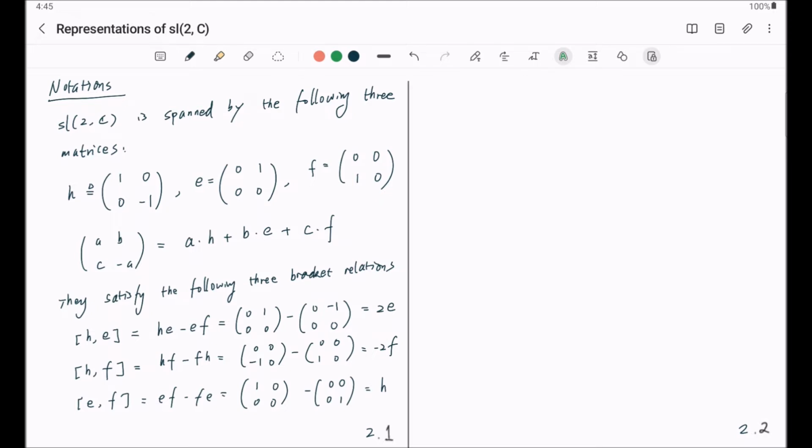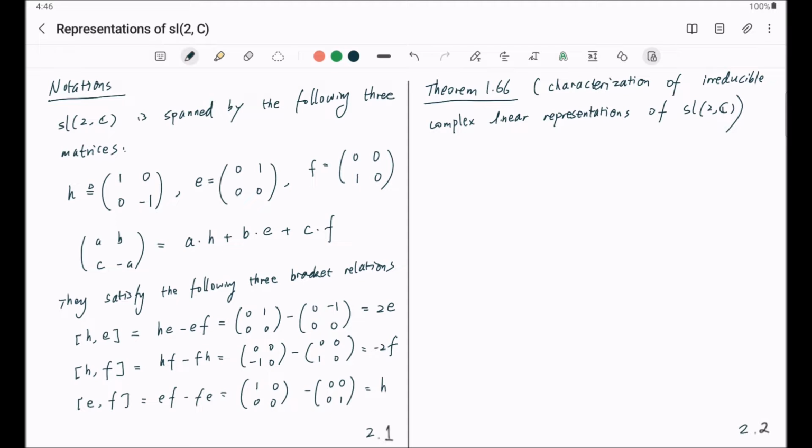With these definitions and notations, we are ready to give the statement of the theorem on the characterization of the irreducible complex linear representations of SL2C. The statement is as follows.